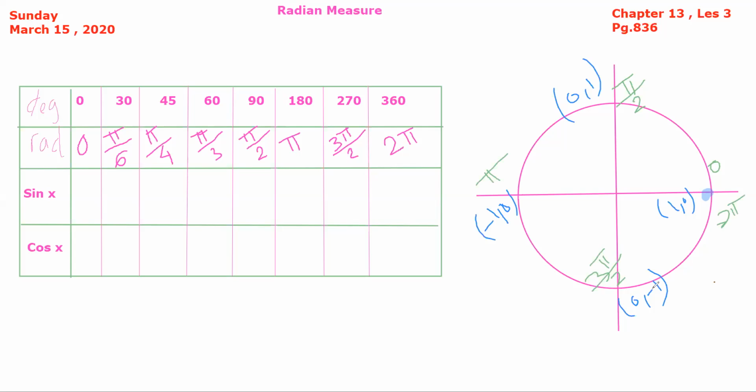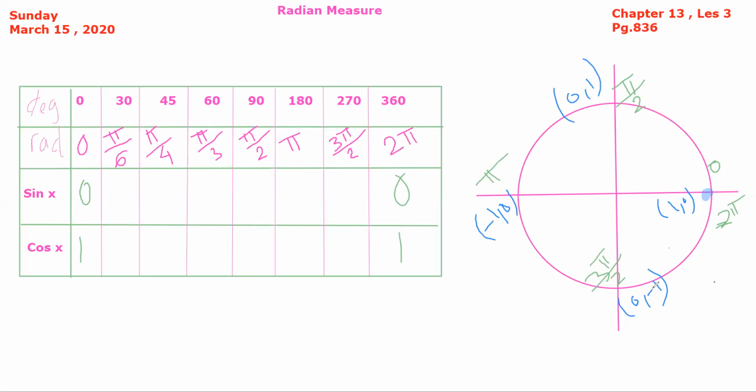Now, for angle 0, for an ordered pair, we told you before, x is the cosine and y is the sine. So 1, 0. So the cosine is 1 and the sine is 0. And the same for 2 pi: 0 for the sine and 1 for the cosine.